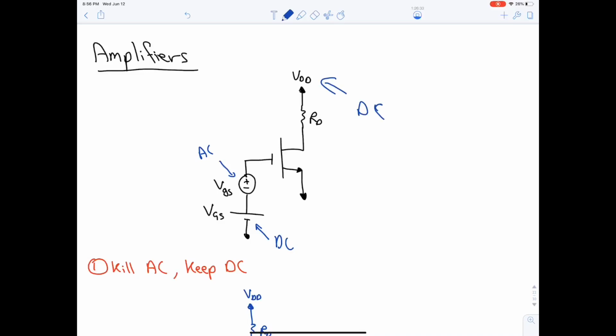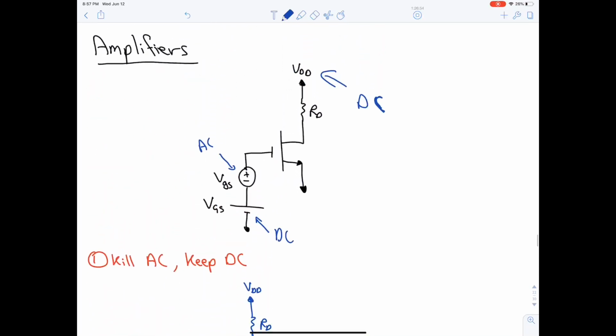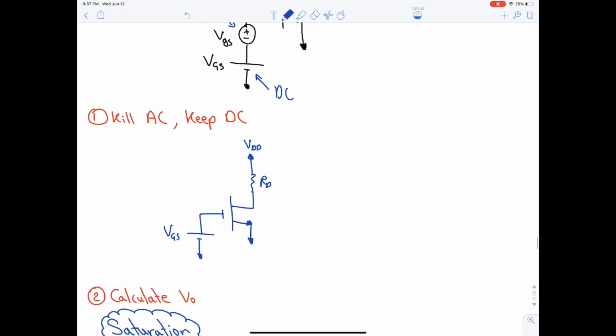So there are several steps that we need to follow in order to solve such questions. The first step is to do DC analysis, which means to kill AC and keep DC. So this will be the resulting circuit after we have killed the AC.